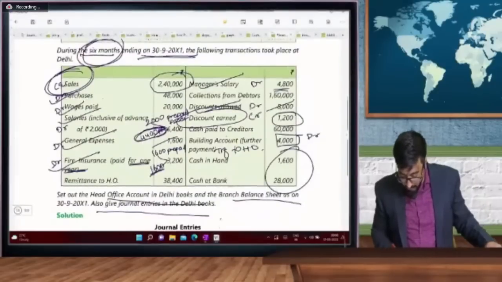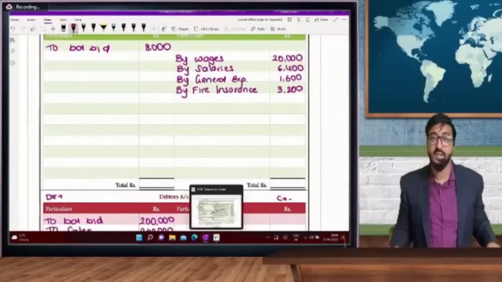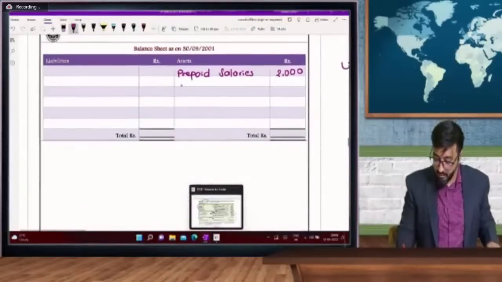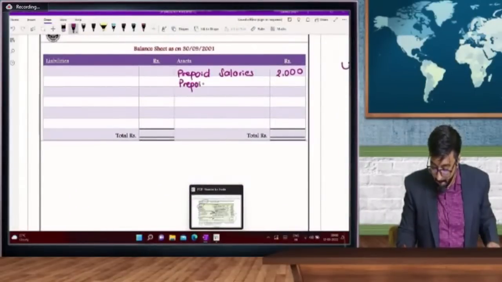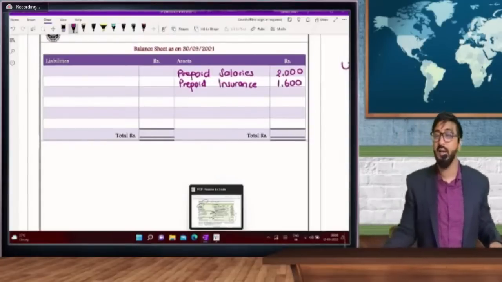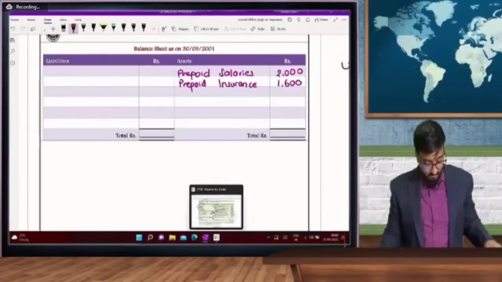But out of this, only 1,600 is transferred to HO, and remaining 1,600 we will write prepaid insurance, 1,600. So cash के credit में 3,200, 1,600 in HO debit, and 1,600 is balance sheet asset side.